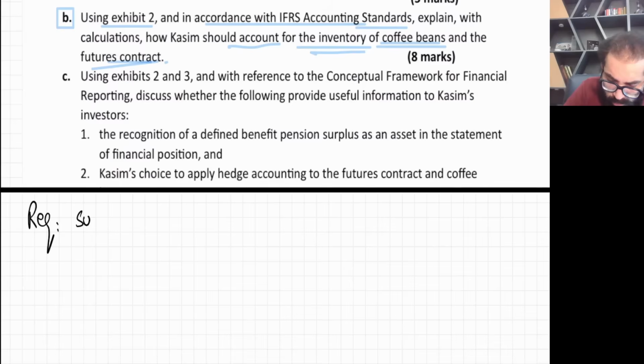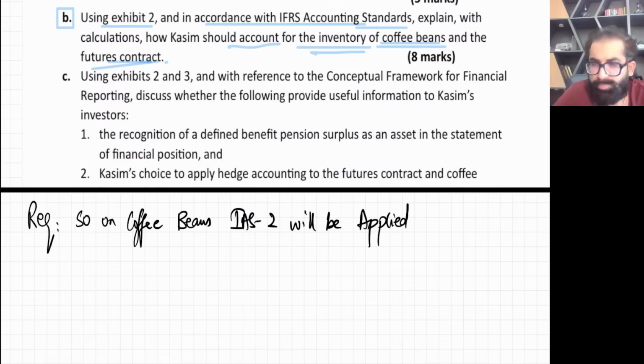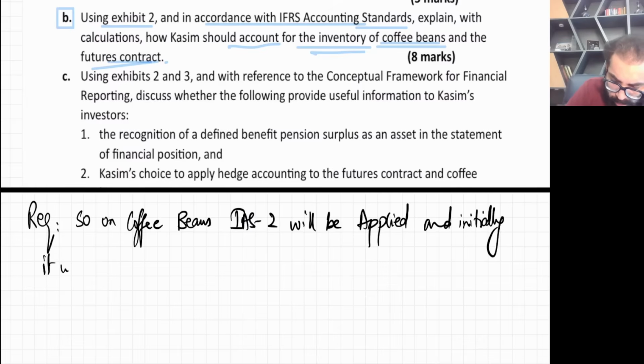So on coffee beans, IAS 2 will be applied. And initially it will be recorded at cost, definitely.